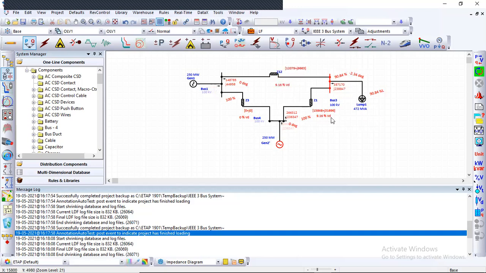There are many other options and parameters you can highlight with this option in ETAP. Now moving towards the unit, what kind of unit you need to see in this model? These are the kilowatt and kVAR units that we need to highlight in this model.